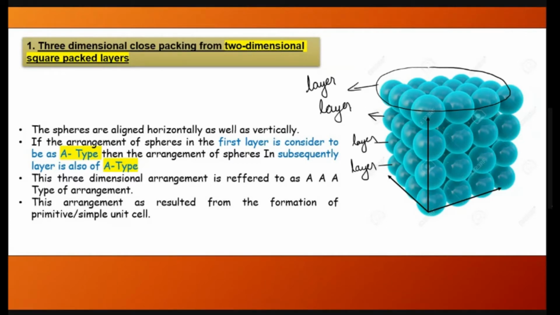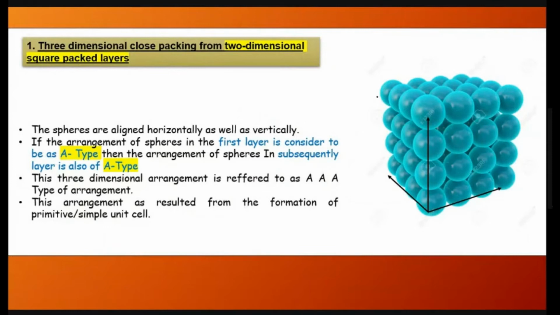Now, let us consider the arrangement of spheres in the first layer as a type of layer. Is there any difference between the first layer and the second layer? No, right? The second layer is also the same kind of layer, and the third and fourth layers are also the same.